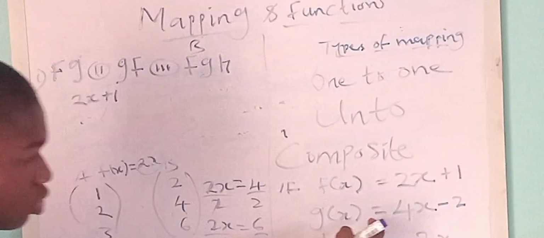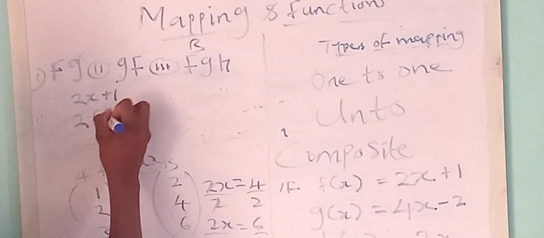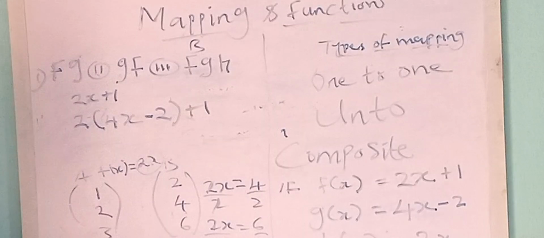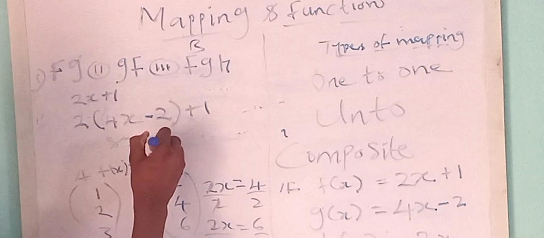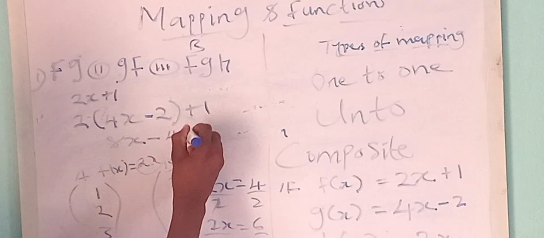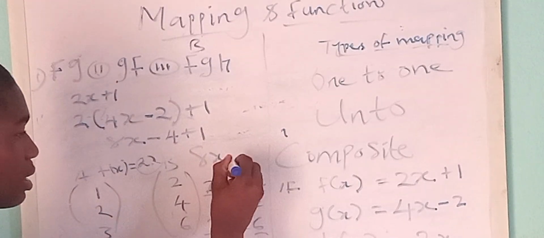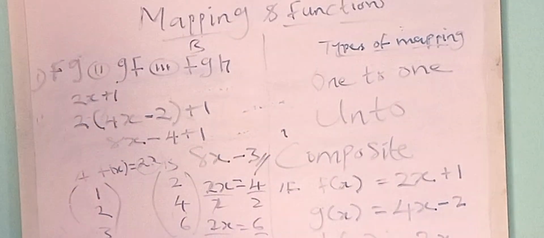So now I'm going to be having 2 in a bracket 4x minus 2 close bracket plus 1. This is going to give me 8x minus 4, plus 1. So minus 4 plus 1 is going to give me 8x minus 3. So that's that for this one. Awesome.